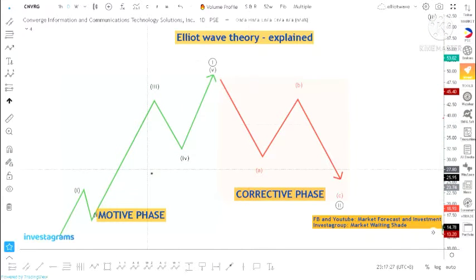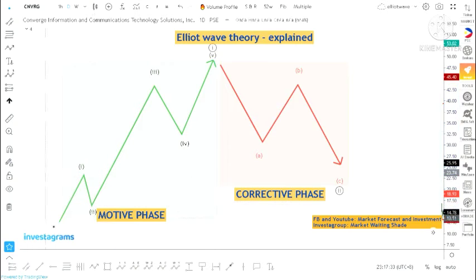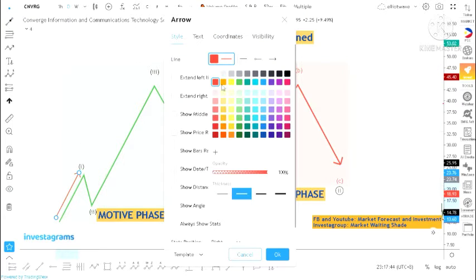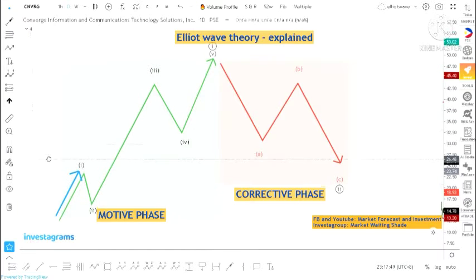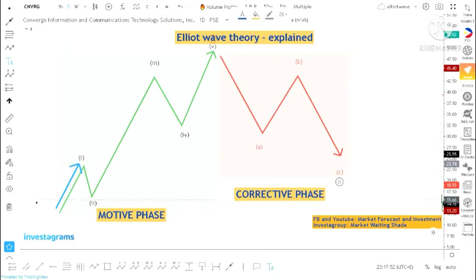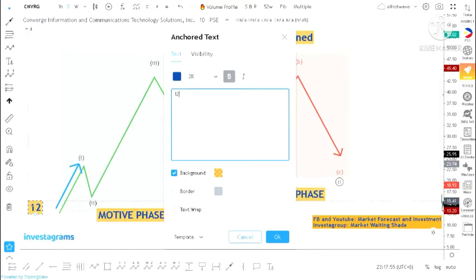On the motive phase, it's composed of three impulses. So this one is wave one. For a clearer overview, let's make it a little bit bigger. This is our first impulse, first impulse spotted.